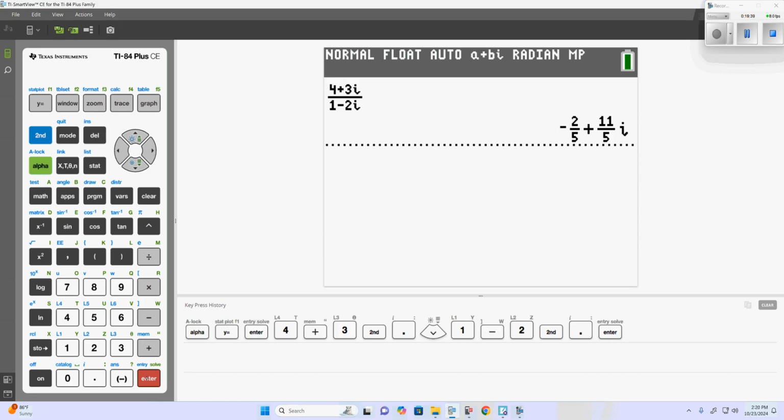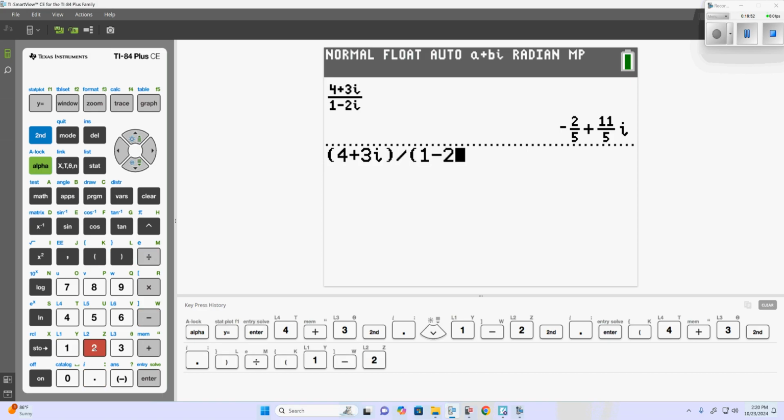Because a fraction is just another way to write division. Parentheses, 4 plus 3i, close parentheses, divided by 1 minus 2i. We have to put parentheses around the top, divided by parentheses around the bottom. We have to write it in as a division.